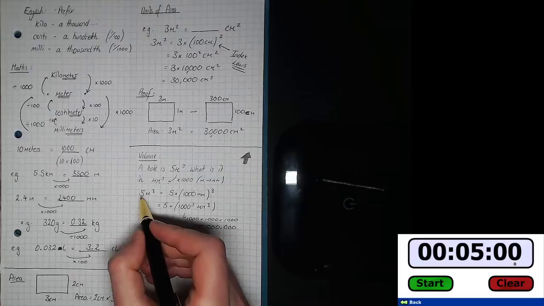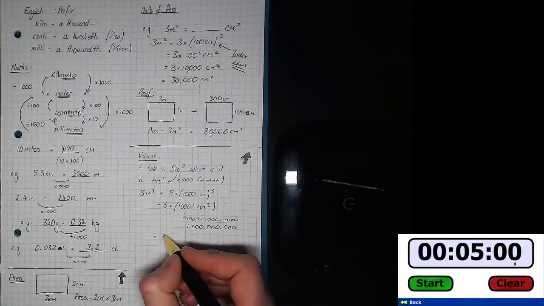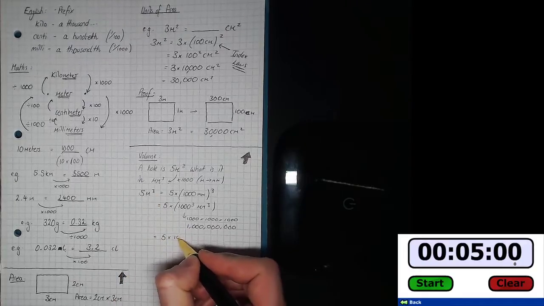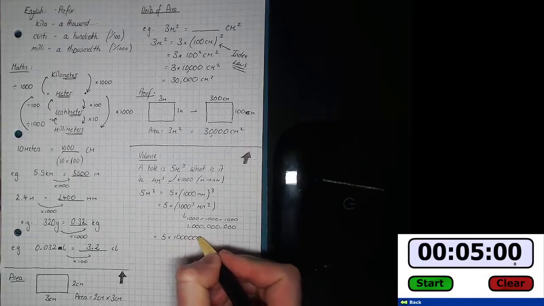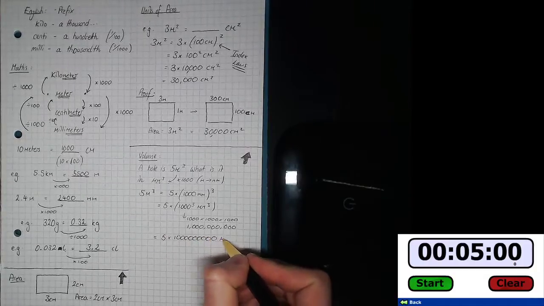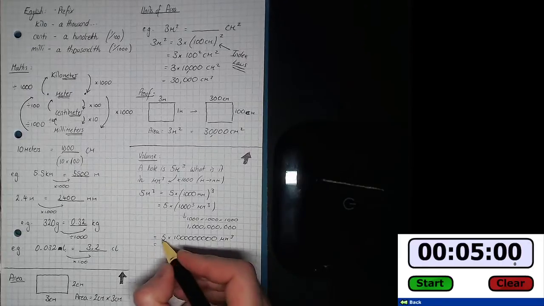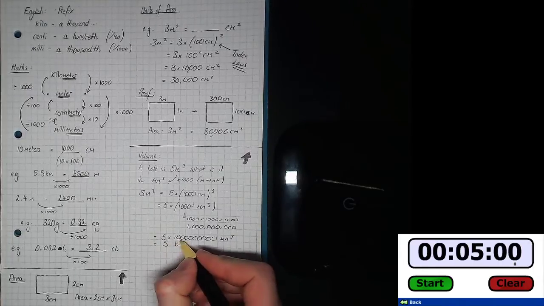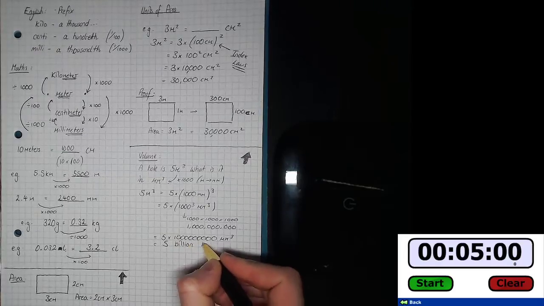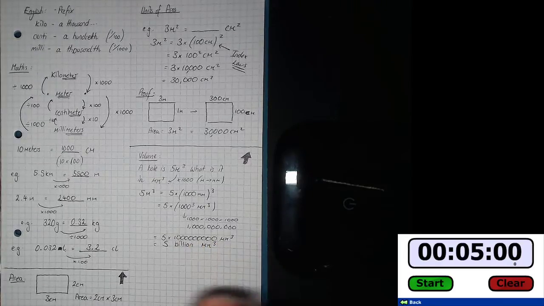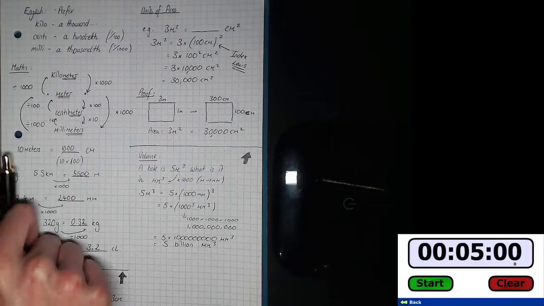So our 5 meters cubed is going to be 5 times a billion millimeters cubed. Now I'm just going to write that as 5 billion millimeters cubed, which is ridiculous.